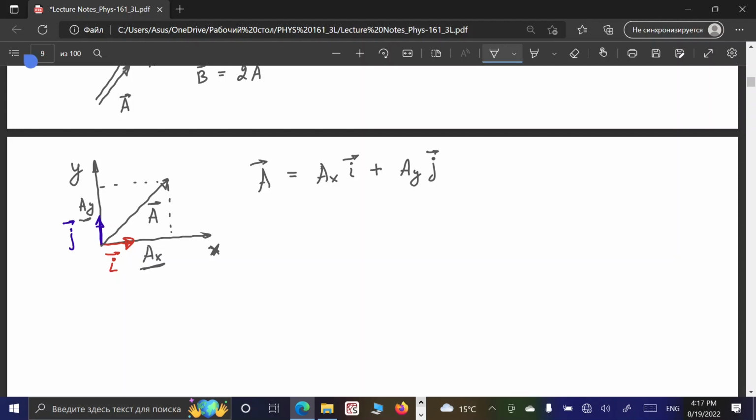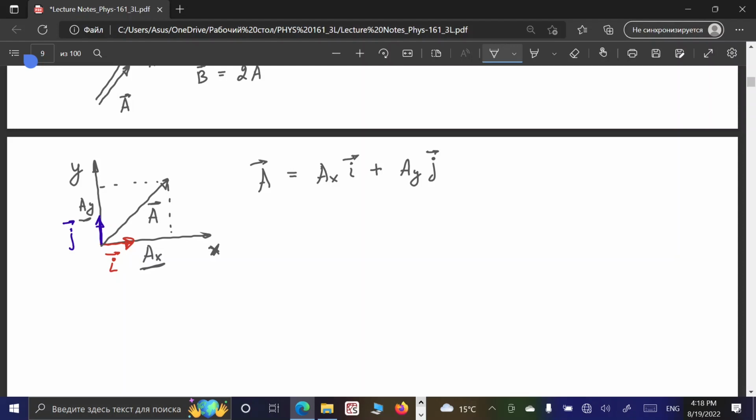So this is how we represent a single vector, which can be randomly oriented with respect to this system of coordinates, by the sum of two special vectors, which are aligned exactly along axis x and y.